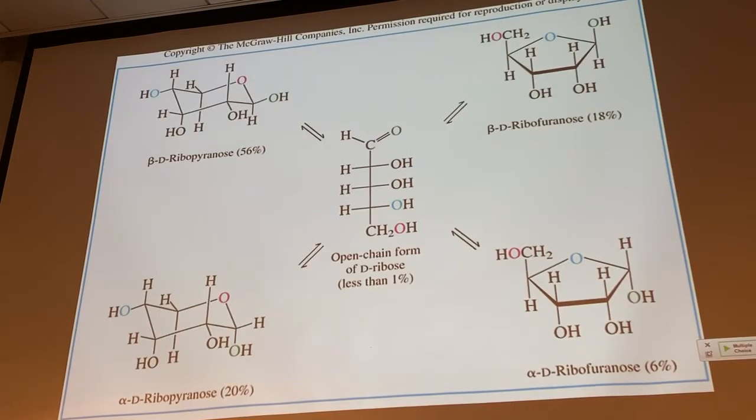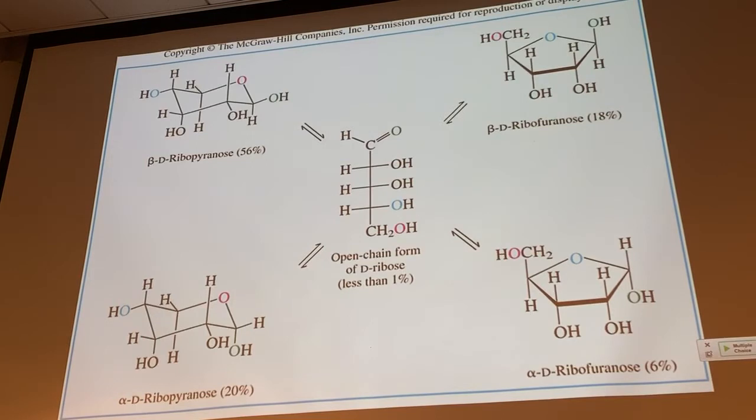When you form the furanose, you have a primary alcohol. When you form the pyranose, you don't have a primary alcohol. And you need that primary alcohol to generate the phosphodiester backbone that you have in RNA and that you have in DNA. Okay?